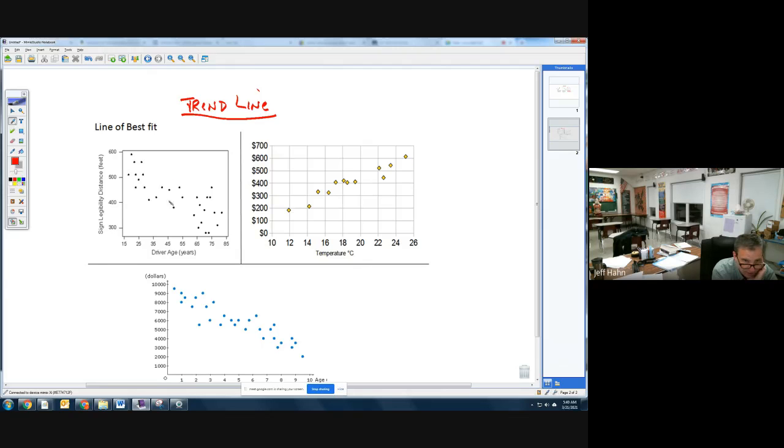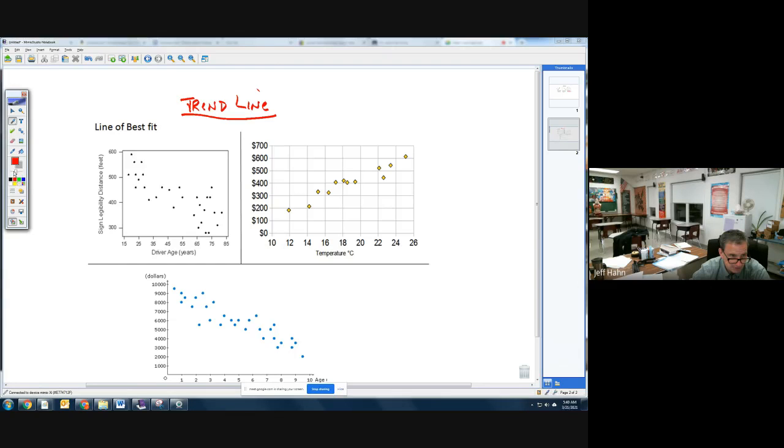The dots don't all line up in a straight line. However, since you can see a correlation, you will be asked to kind of split the difference in all of those and come up with a line that they call the line of best fit.